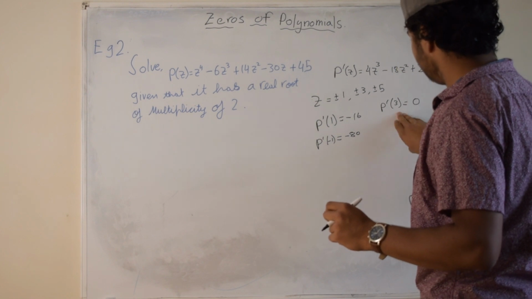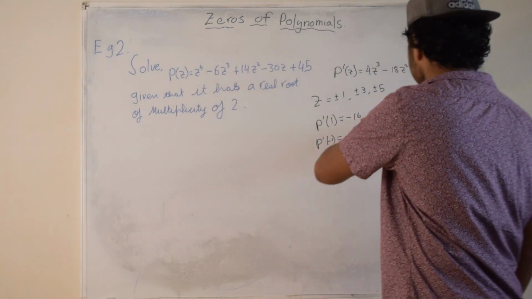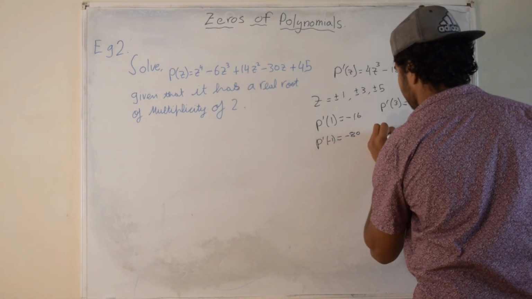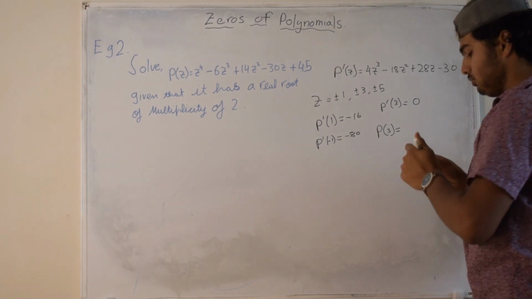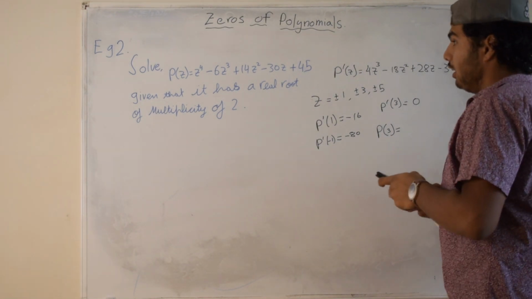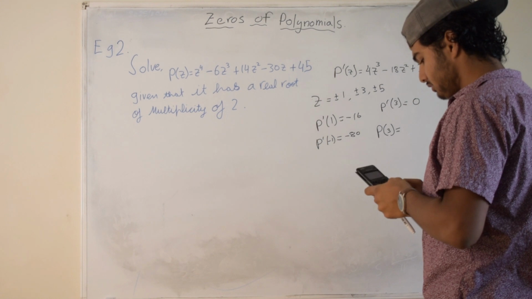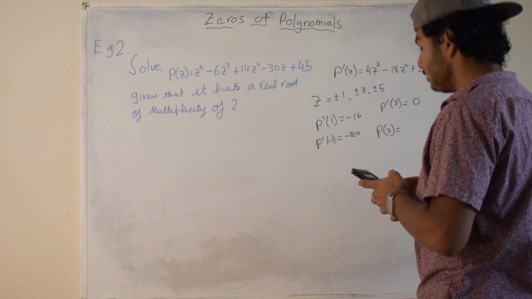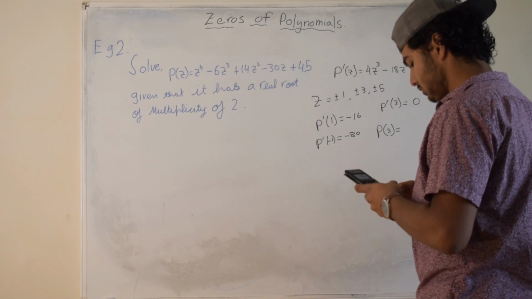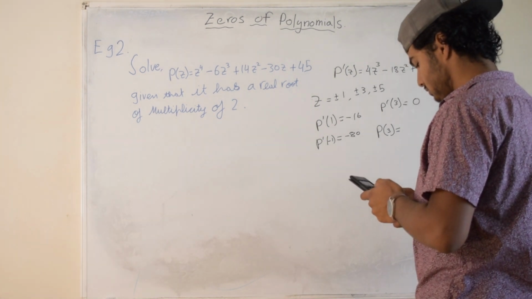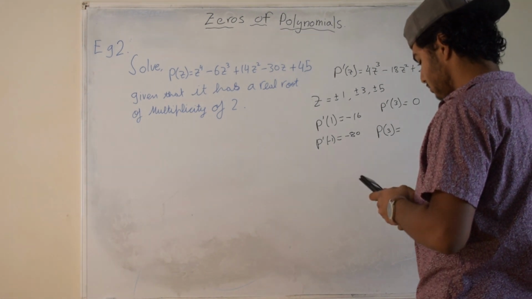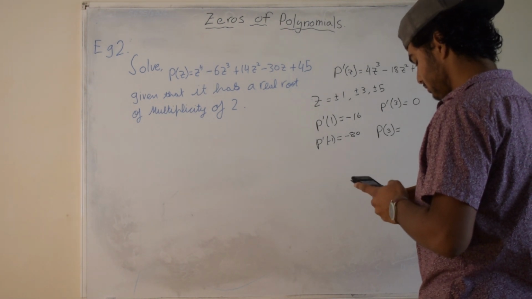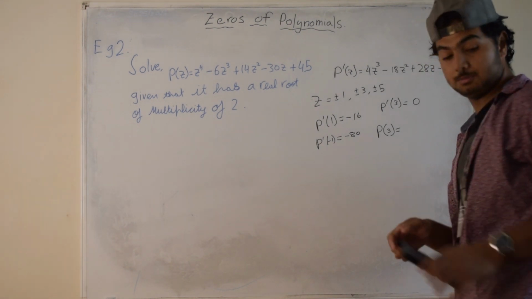Now we're going to sub 3 into p of z. We subbed it into p dash of z and we got 0. Sub it into p of z. So p of 3 equals 3 to the power of 4 minus 6 times 3 cubed plus 14 times 3 squared minus 30 times 3 plus 45, which also gives me 0.